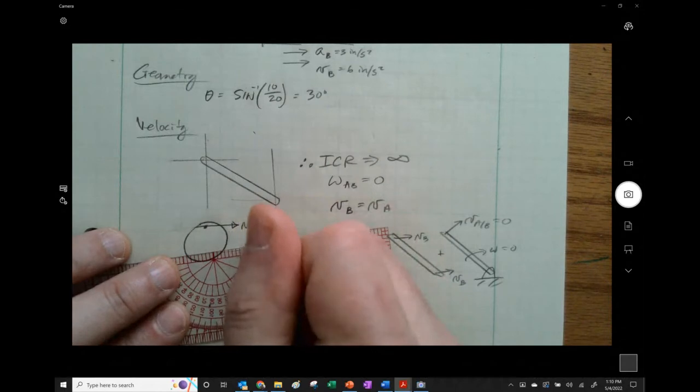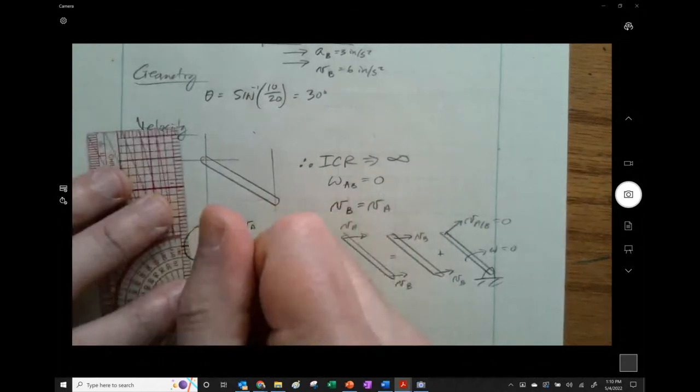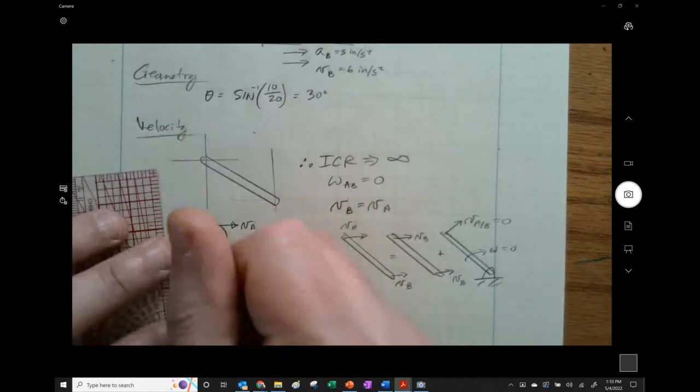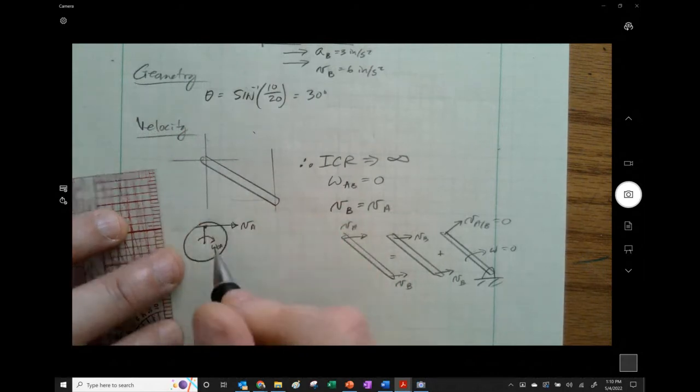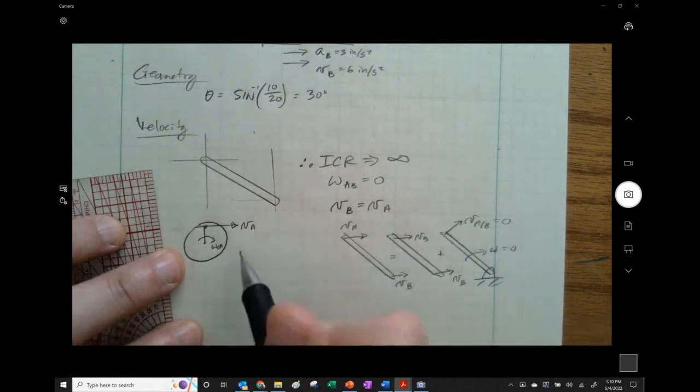So here's the velocity of A. And so now we're going to have omega OA, or we call it AO if you want to.